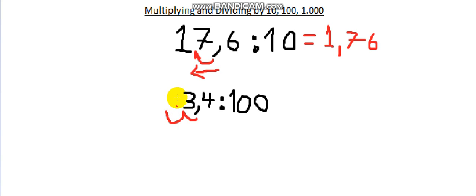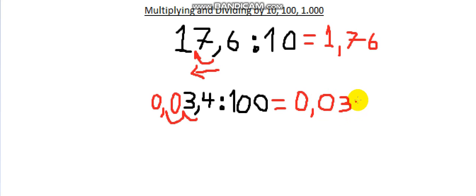Again, there's nothing here, and so I need to add a 0 here. So my comma would go here in front of the 0, but a number can't start with a comma, so I also need to put a 0 in front of the comma. And my result would be 0.034.